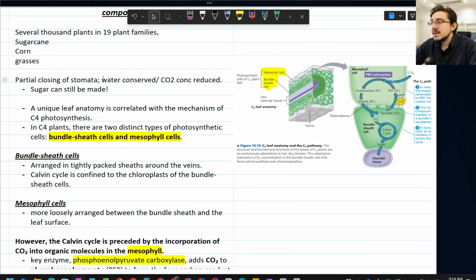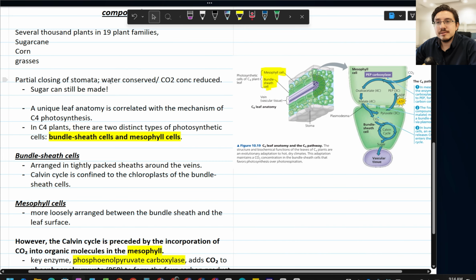So you want to conserve water on hot and dry days. Because you want to conserve water, stomata get partially closed, and at the same time, as a consequence, carbon dioxide gets reduced. Sugar can still be made in these particular plants.